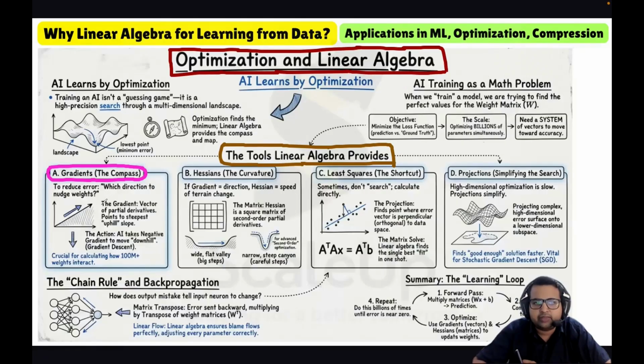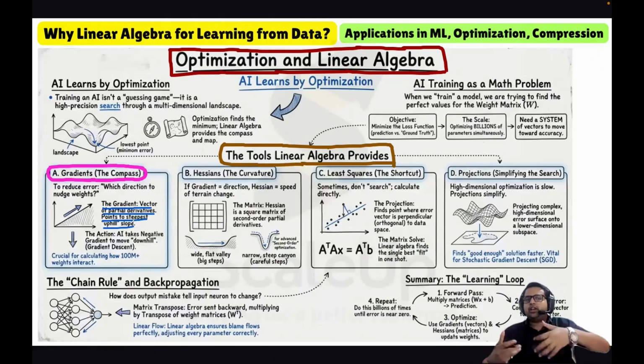The gradient is basically a vector of partial derivatives. In linear algebra terms, it points in the direction of the steepest slope of the error. You can consider it to be a vector which is pointing to the steepest uphill slope.